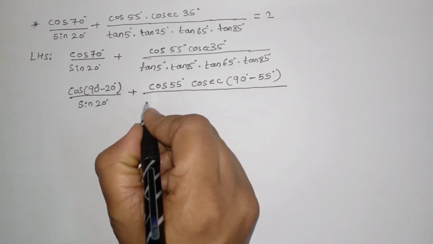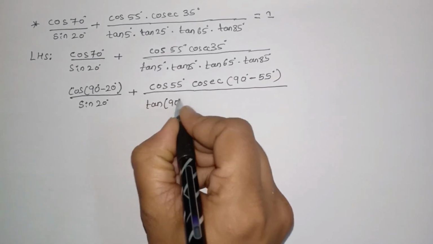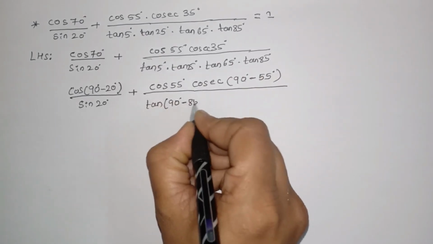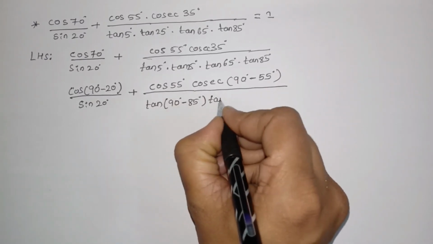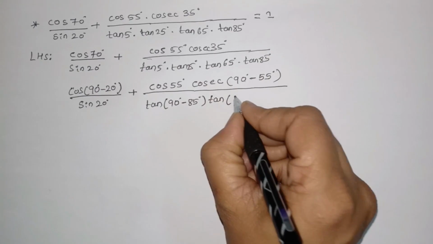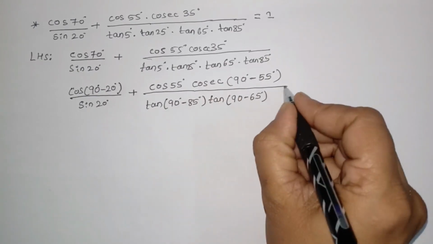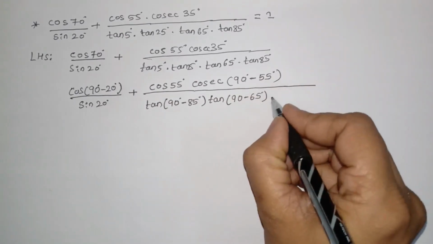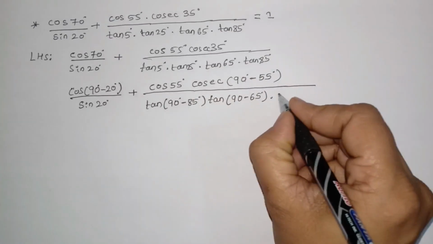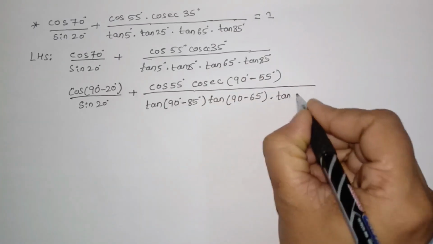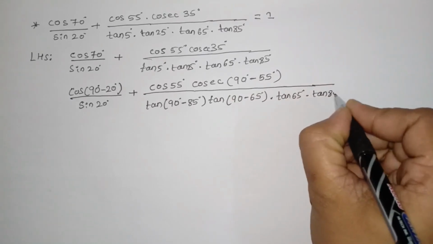So first term I can write here as tan 5 can be written as tan 90 minus 85 into tan 25 can be written as tan 90 minus 65. So the remaining 2 terms should be written as they are. So here tan 65 degree into tan 85 degree.